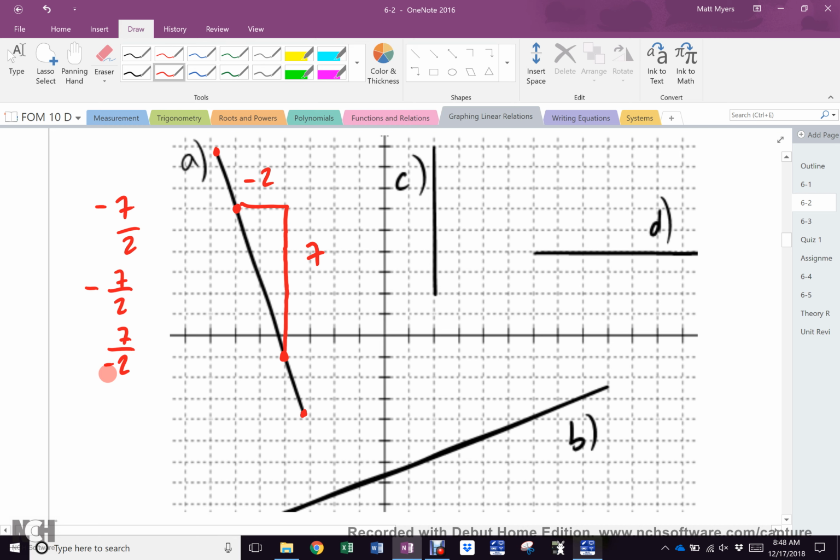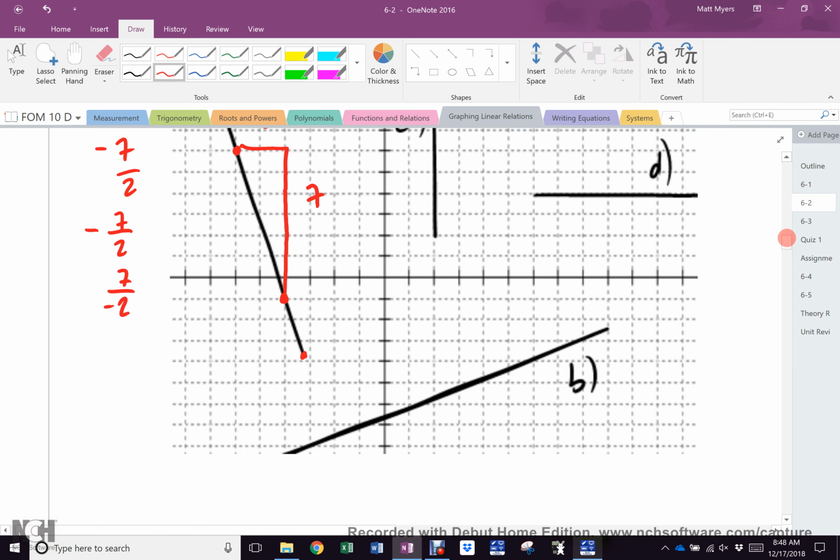Does everyone understand? Awesome. Let's do B. What are the 2 points you're going to use in B? I would use that one and then that one because they're really far apart, right? How do I do the slope?